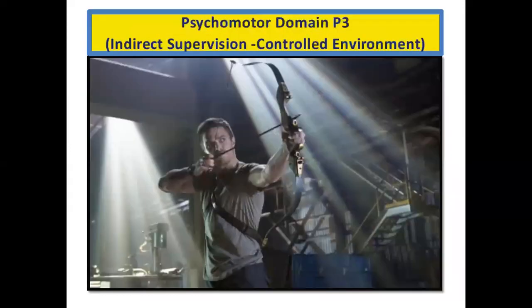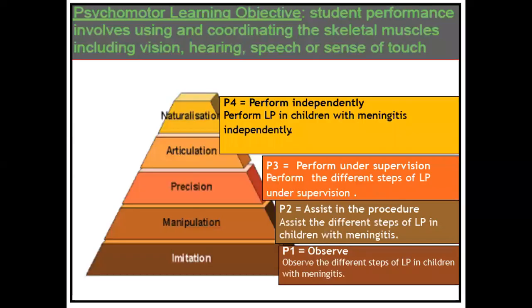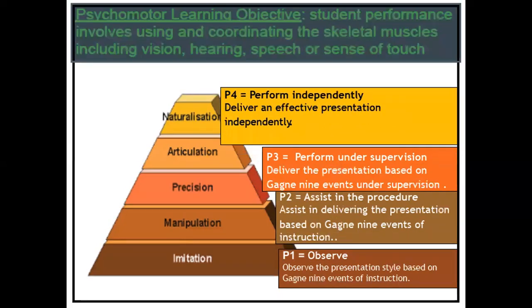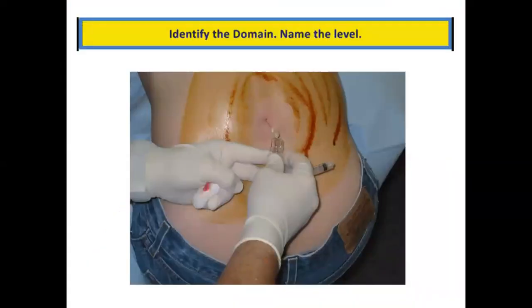Taking the example of taking a sample of cerebrospinal fluid for the AG procedure in children with meningitis, we will write how we can construct learning outcomes for T1, T2, T3, and T3. Then we discussed some pictures and which sub-level they are.